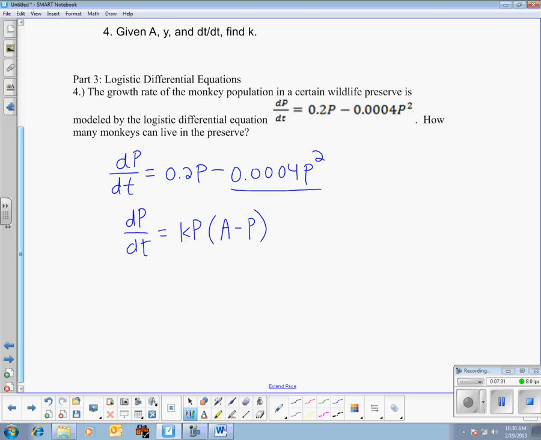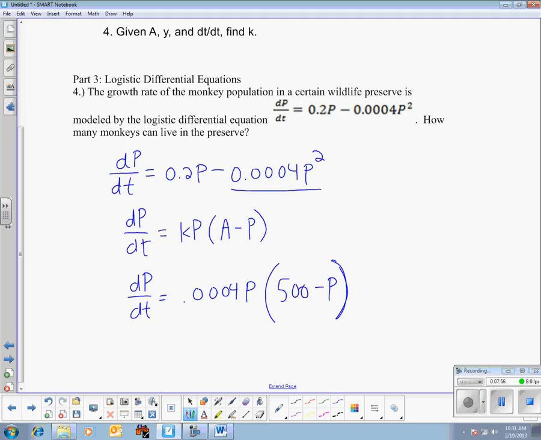So I'm going to check that. And it turns out that if we factor out the 0.0004 and the p, we will be left with 500, because when you factor out, you divide, and 0.2 divided by 0.0004 is 500 minus p.